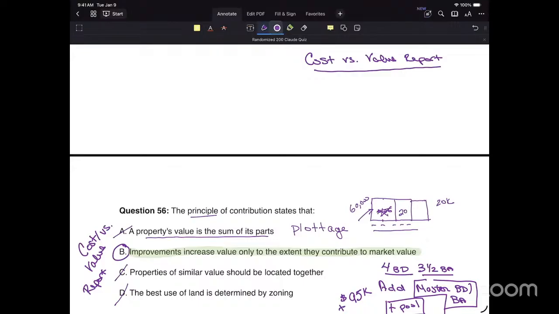But what they'll do is go through and say, what's the national average? If you added a new full bath, how much would that cost and how much value would it add? Your cost might be $40,000, and the value it adds might be maybe $35,000.